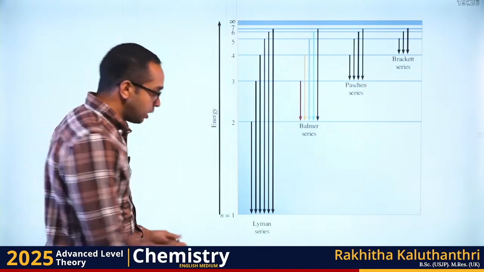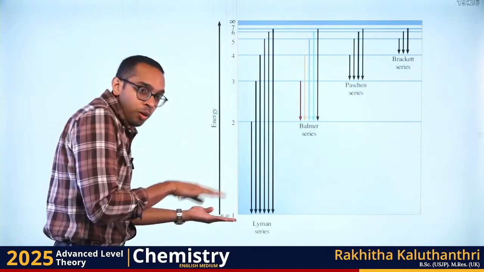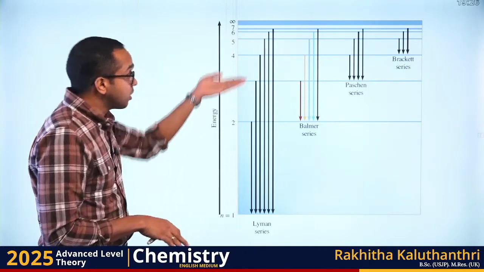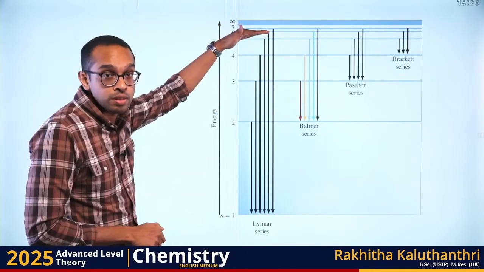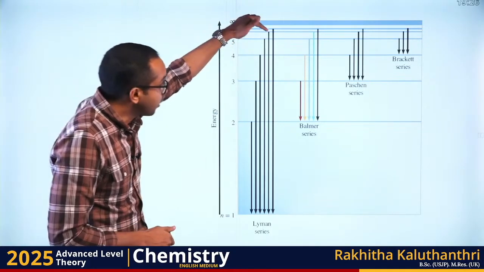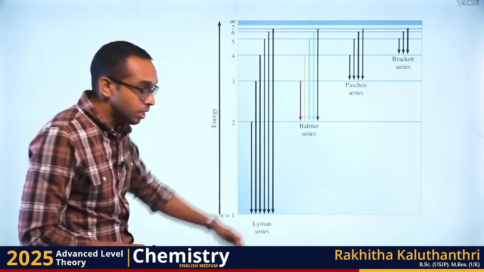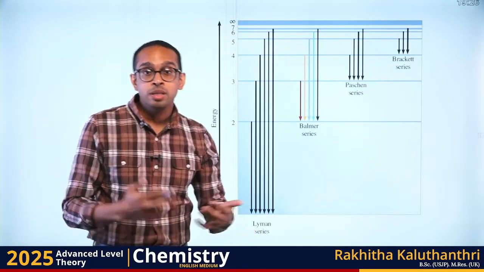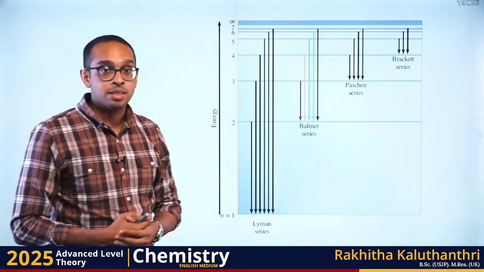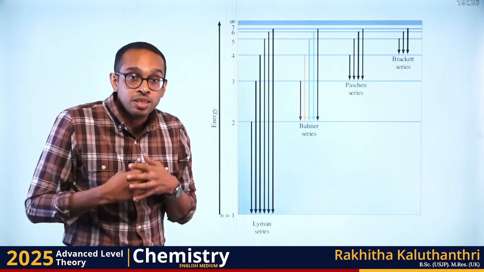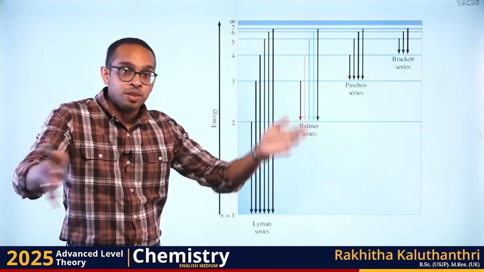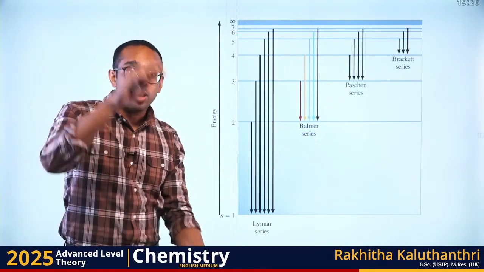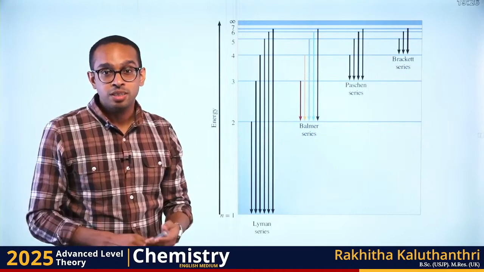So you can see the first energy level has a very low amount of energy, and the higher energy levels have a high amount of energy. And these arrows that are pointing downwards, their lengths can be taken as an indication of the amount of energy that is released when the electrons are falling down. The longer the arrow, the more energy that is released, right?